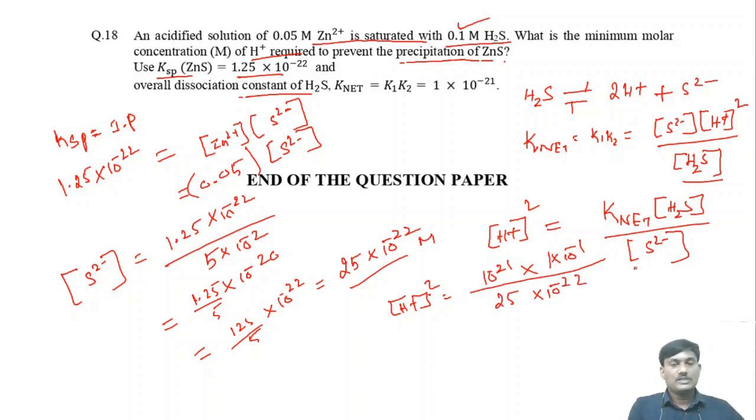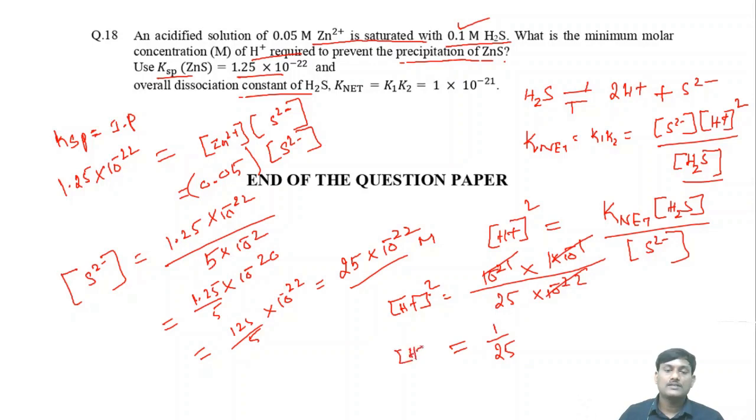When you calculate this, the concentration of H plus squared will be 1 by 25. Here there is a minus 21 and a minus 1, so there is cancellation of these two.